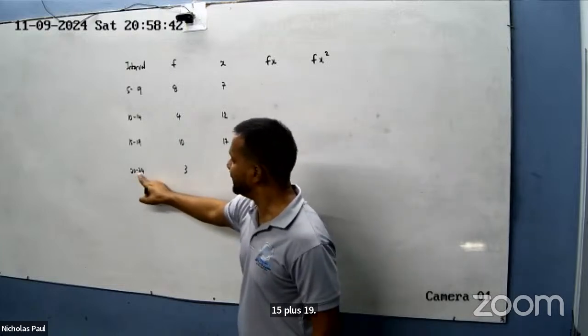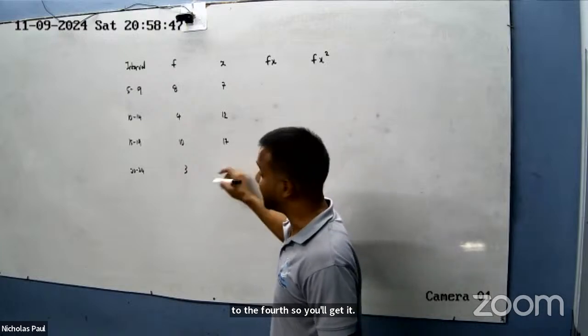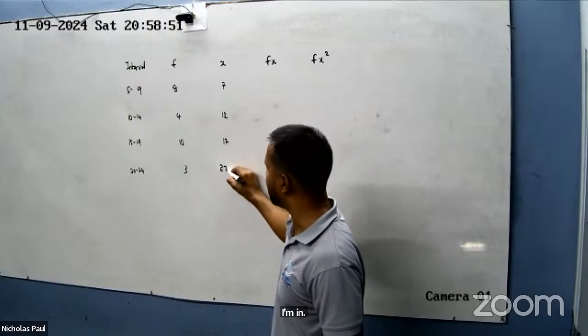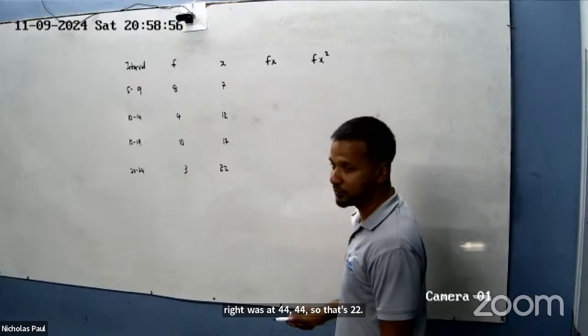Then 20 plus 24 is 44, so that's 22. And fill it out.